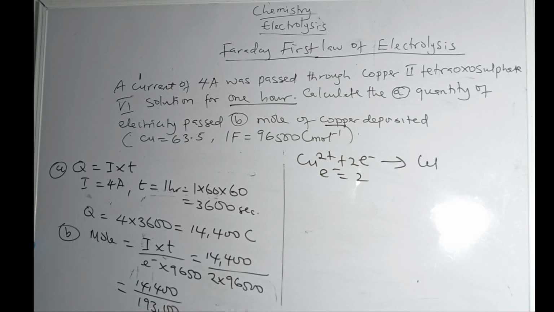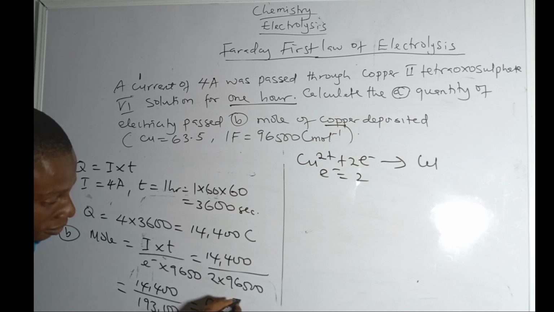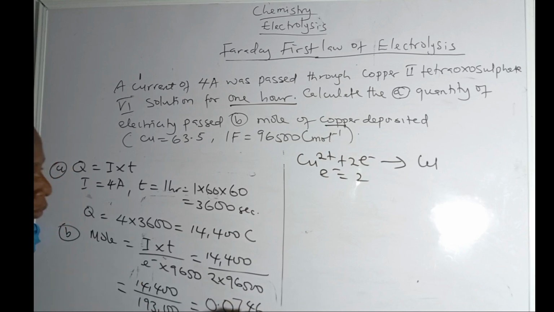So 14,400 divided by 193,000, the answer is 0.0746, and we are looking for mole. So the answer is 0.0746 mole.